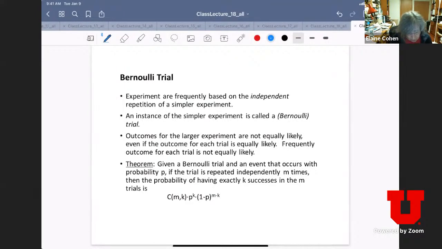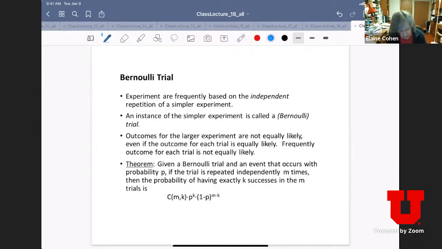So in a Bernoulli trial, every example we've had recently is an experiment that is based on independent repetition of a simpler experiment: rolling a die, tossing a coin, asking a question, like how many ways can you win 3 out of 5 when it's totally independent which ones you win.